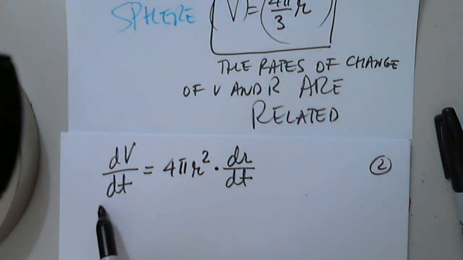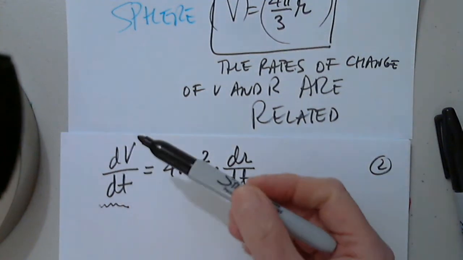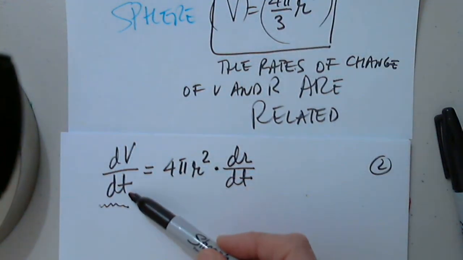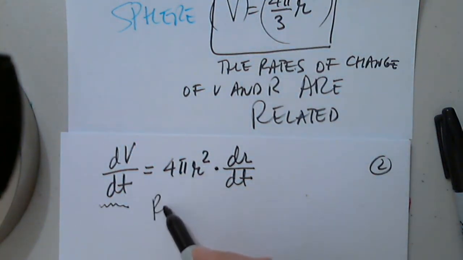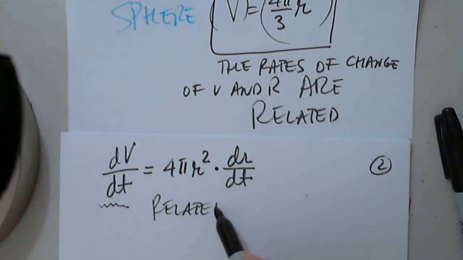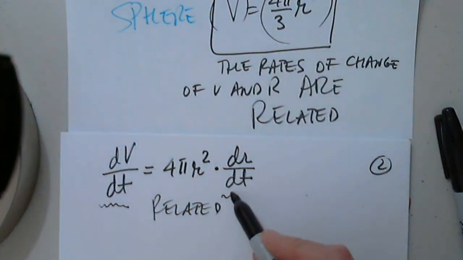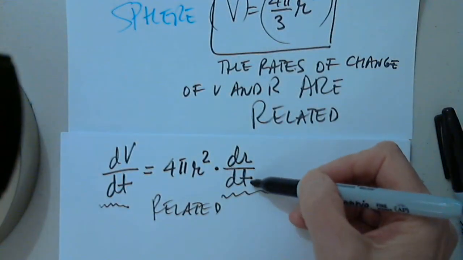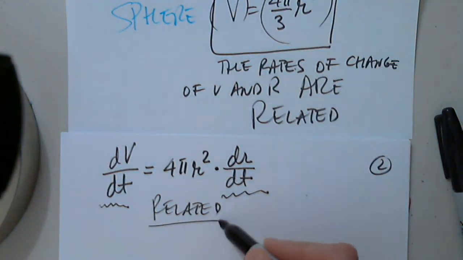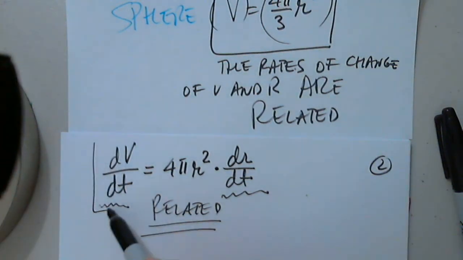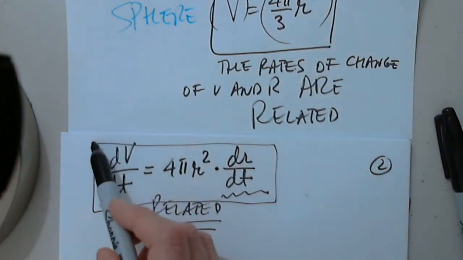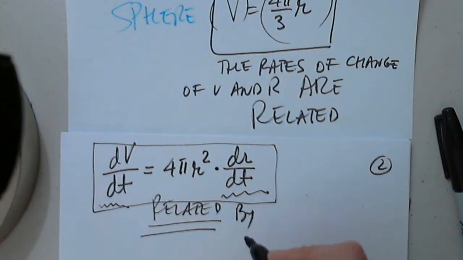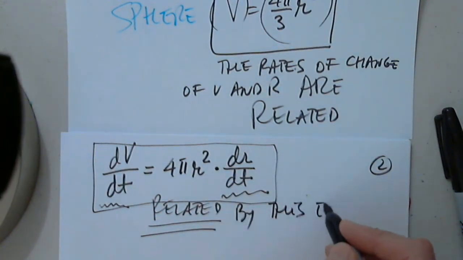So as you see, this rate of change of volume with respect to time is related through this equation to the rate of change of radius with respect to time. They are related. How come? They are related by this equation. This is the idea of related rates.